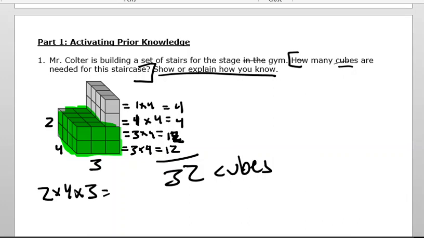And then this second rectangular prism is 2 by 1 by 4, so 2 times 1 times 4 is equal to 8. Then I would have added the 24 plus the 8 and gotten 32 cubes. So this is the more efficient way, and this is what we're doing for most of the rest of this lesson.